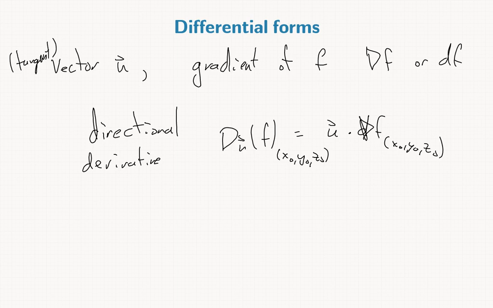So this is why I'm thinking of this as a vector, but this as an operation. So something blank dot a vector.